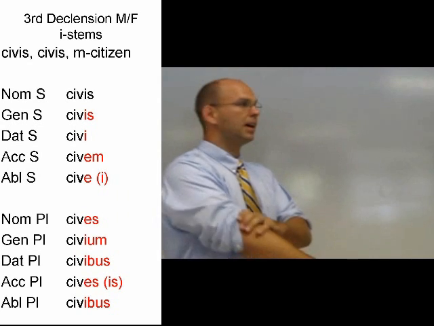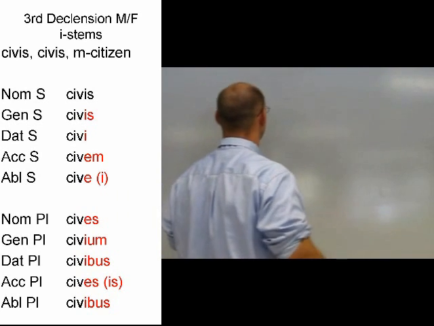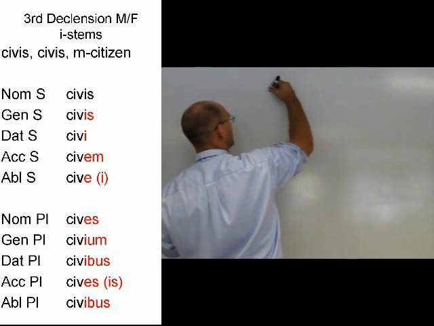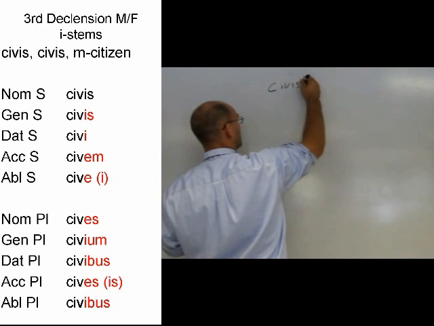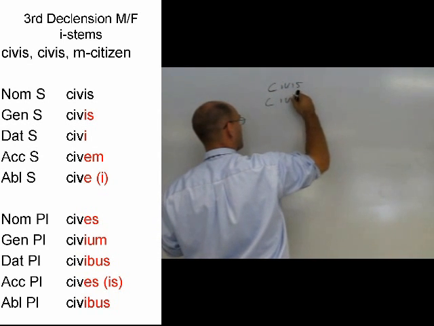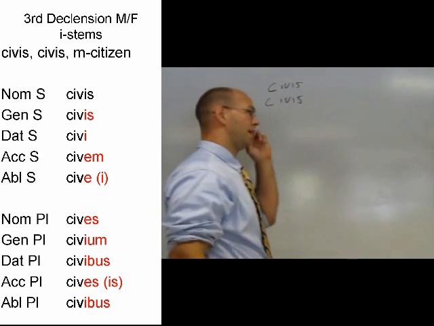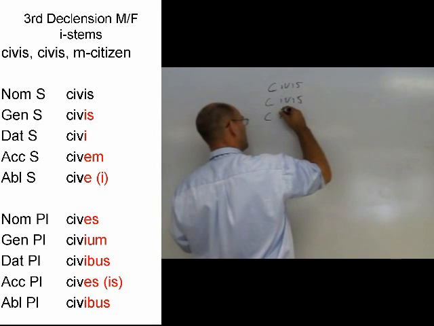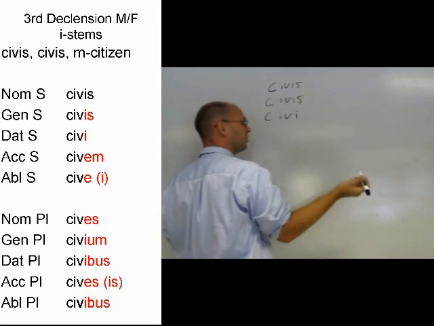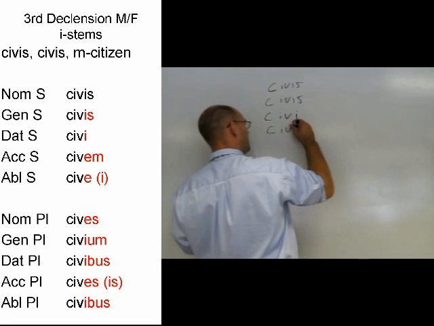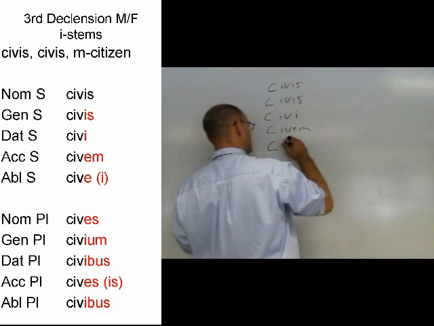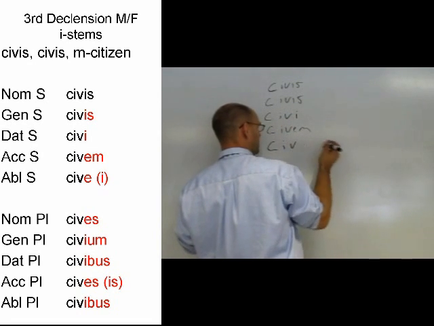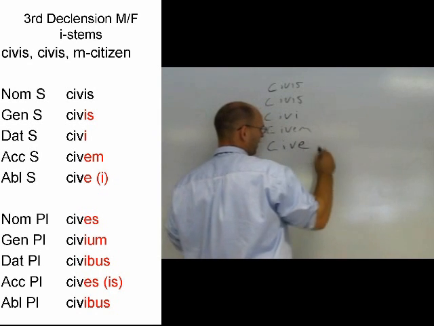So the way that these I-stems decline, we'll take civis, then it's the same, civi, civem, and then it's cive.